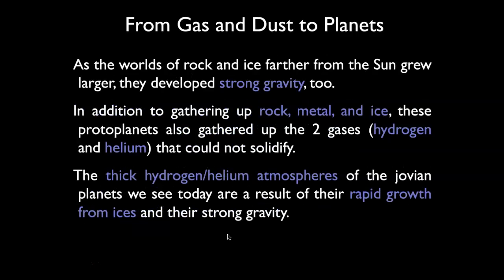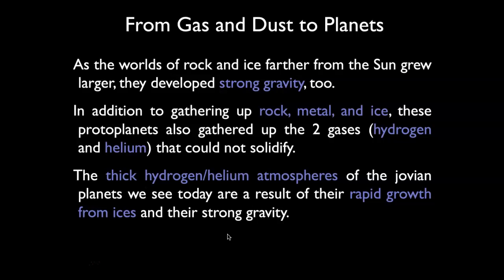And those protoplanets that start accreting out past the frost line are 5, 10, 20 Earth masses. They are giant protoplanets of mostly ice. A lot of rock, but mostly ice. And they get to be so big that they develop a strong gravitational field of their own.